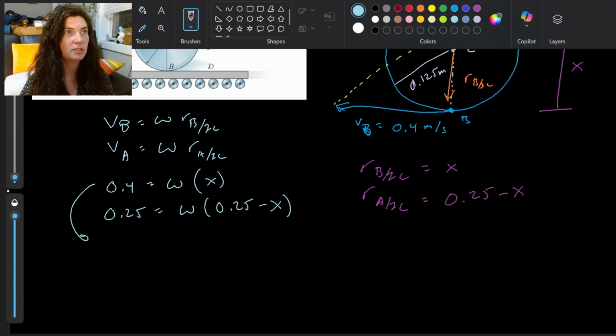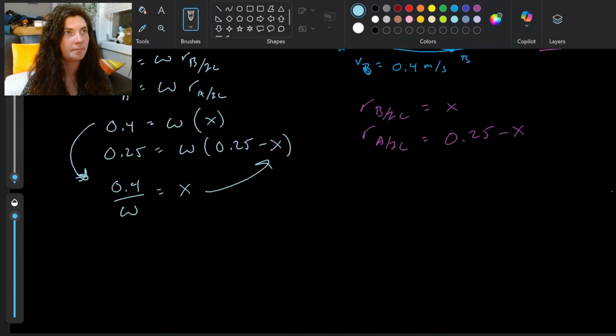If I rearrange this equation, I get 0.4 over omega equals X, and I can substitute that in there. That gives me 0.25 equals omega times (0.25 minus 0.4 over omega).